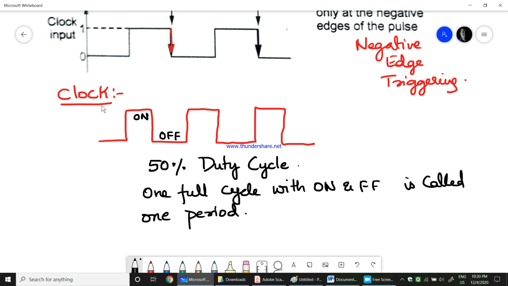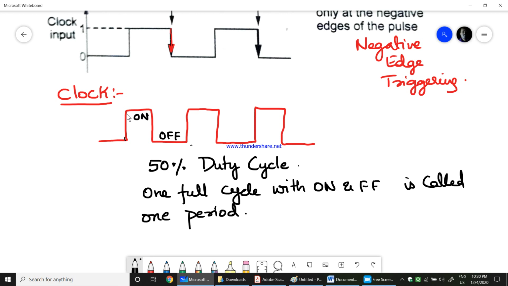Clock will always have a 50% duty cycle. It means that on and off are both of equal time duration. That is what 50% duty cycle is all about. So one full cycle with on and off is called one period. This is the clock.